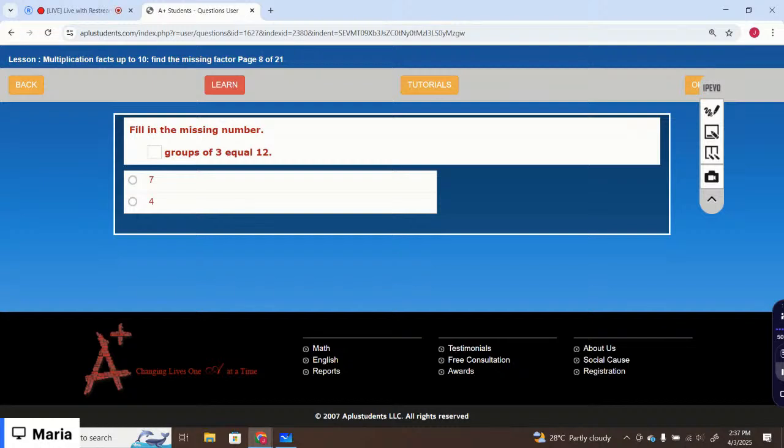How many groups of 3 equals 12? Which is the correct option?